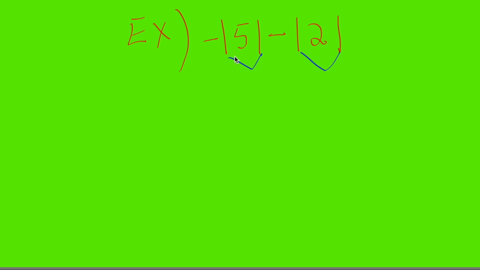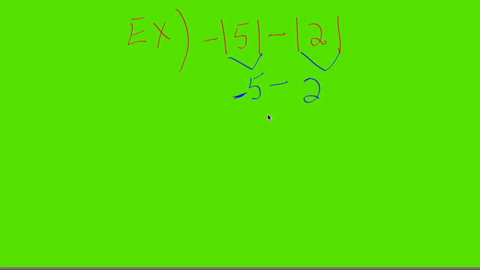Then, because the negative sign is not inside the absolute value, we cannot take the number with the sign. So we have to take the absolute value of the number first, then bring down the sign. In this case, the absolute value of 5 is 5, and this is minus, this is negative, minus the absolute value of 2, which is 2. Okay, so now we have minus 5 minus 2, and they have different signs.